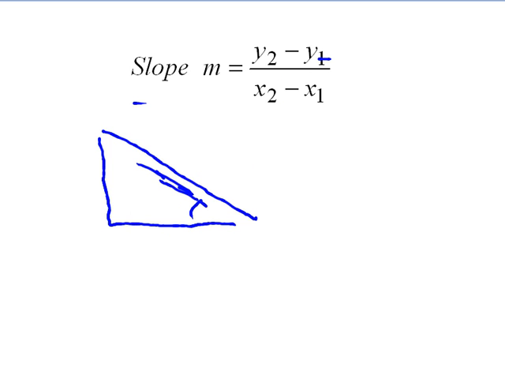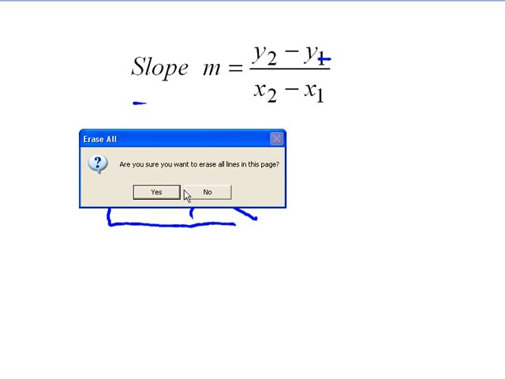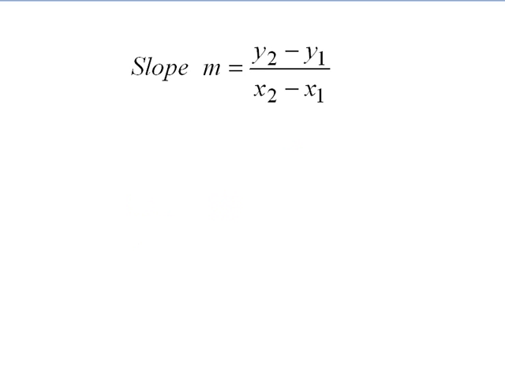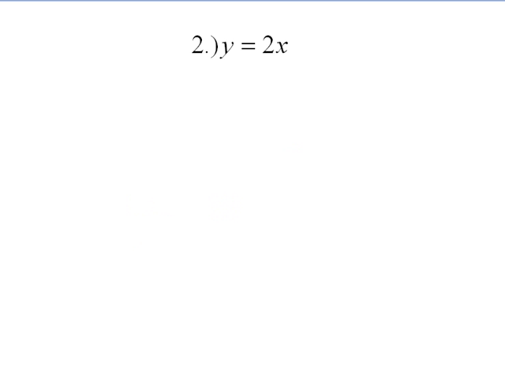Now let's get a problem and see if we can show you how this slope works. Here we go. Here's an equation, y equals 2x. So the intercept is 0, right? Because if we put a 0 in here, we end up with 0 for y. And if we put a 1 in, we end up with 2.